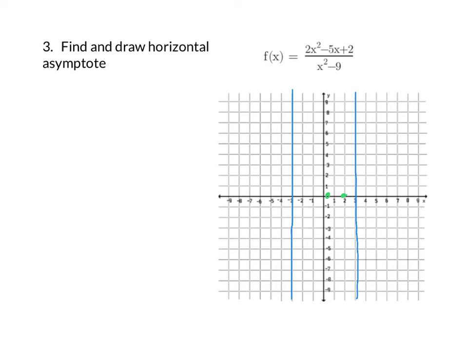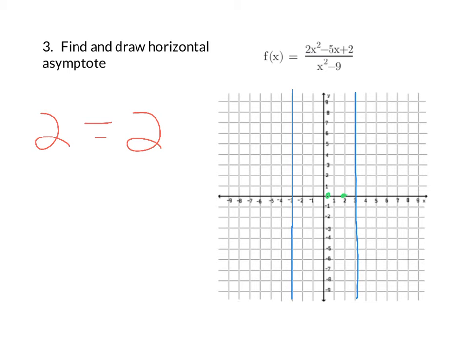Our third step would be to find and draw the horizontal asymptote if it exists. Remember, if the degree of the numerator is greater than the degree of the denominator, there is no horizontal asymptote. Although looking at our example, the degree of our numerator is 2 and the degree of our denominator is 2.